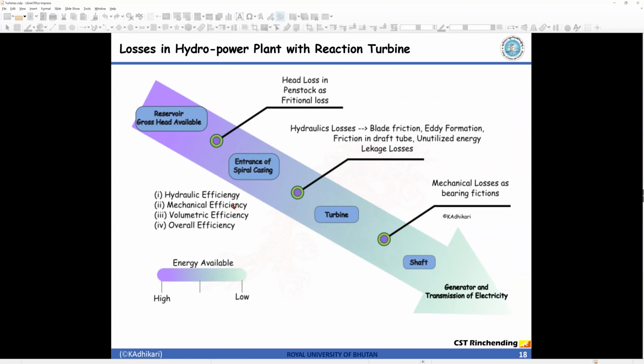If hydraulic efficiency is 90%, which means there is 10% loss, that 10% is accountable to the hydraulic losses. So if hydraulic losses are more, then hydraulic efficiency will reduce. This gives a better understanding for the engineer to design, as to which part the energy is lost in, so we can work on it.